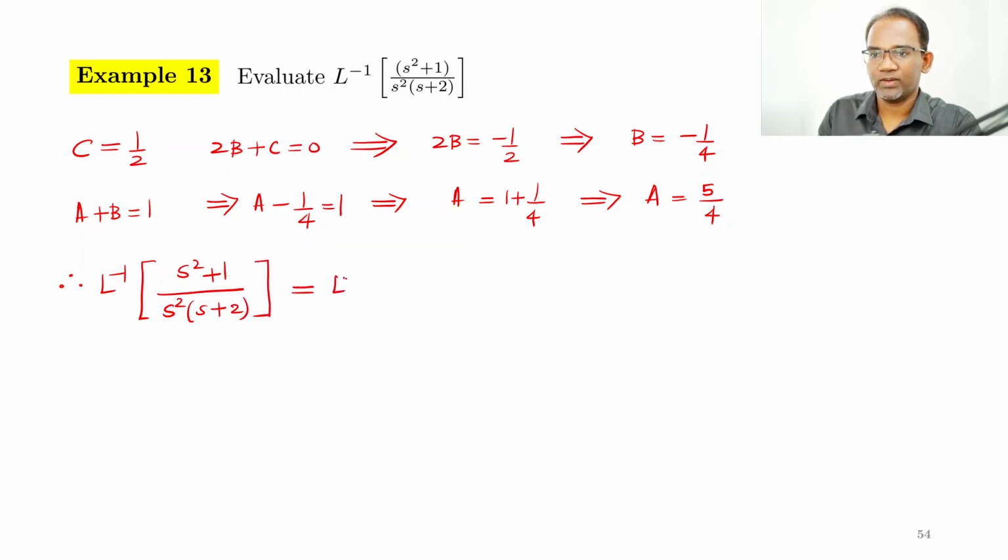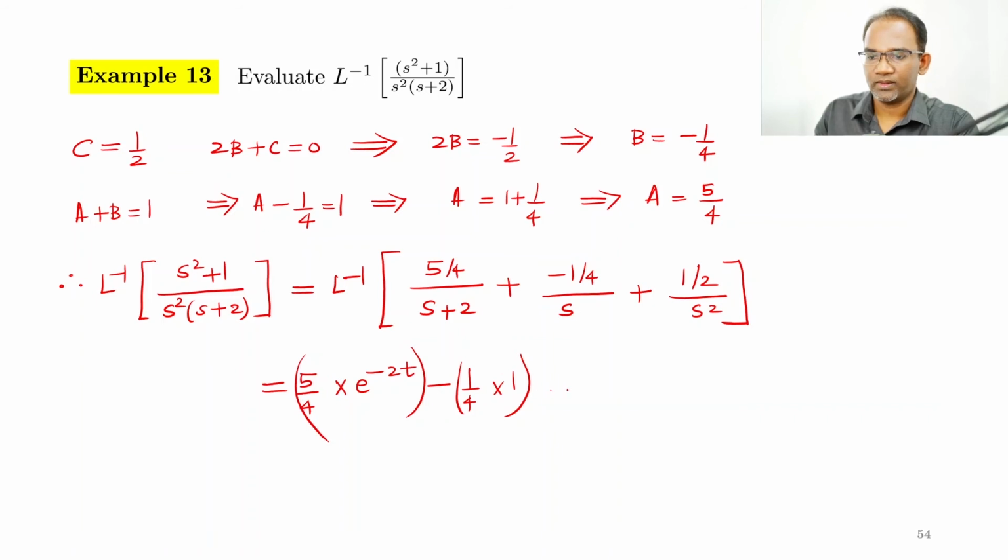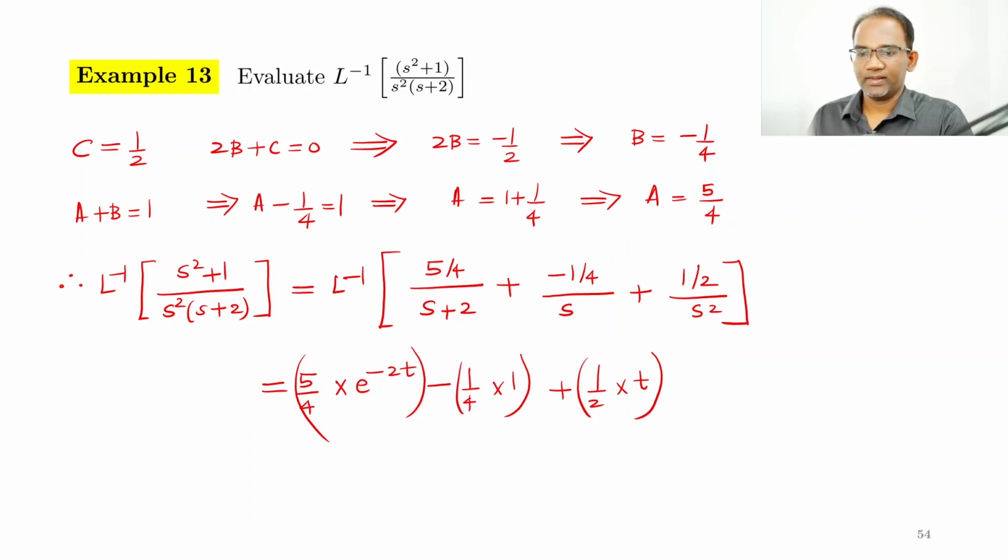This is equal to L inverse of 5 over 4 divided by s plus 2, plus negative of 1 over 4 divided by s, plus 1 over 2 divided by s square, and that is 5 over 4 times e raised to minus 2t minus 1 over 4 times 1, then half times t. And this is the required answer.